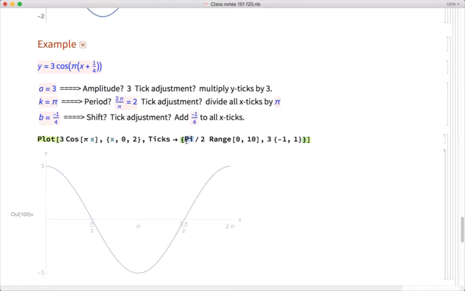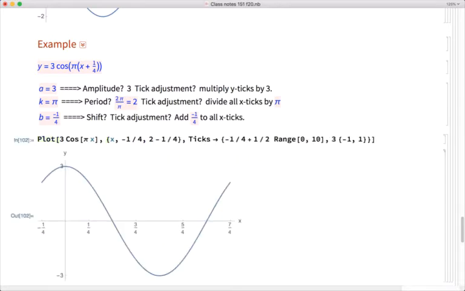And then the last thing is to add -1/4. This is the horizontal shifting that's taking place here. So now we start the plot at -1/4 and go out to 2 minus 1/4. And this is the hand sketch of the graph.